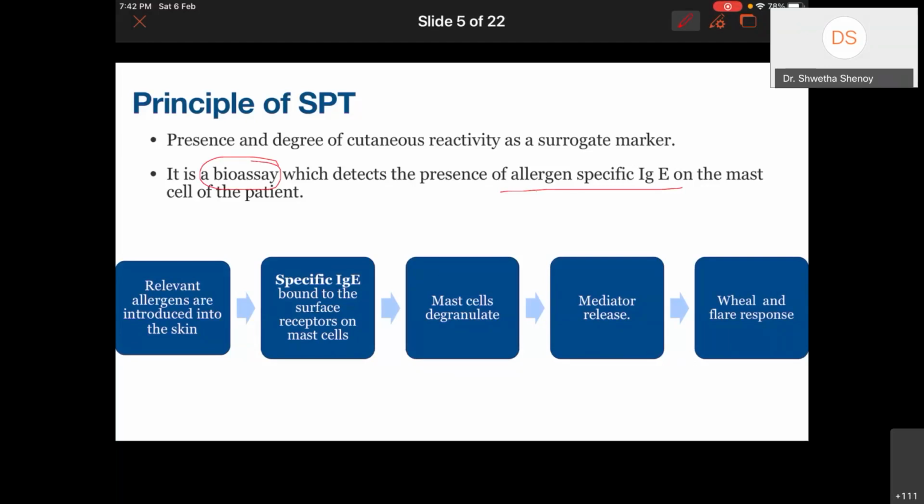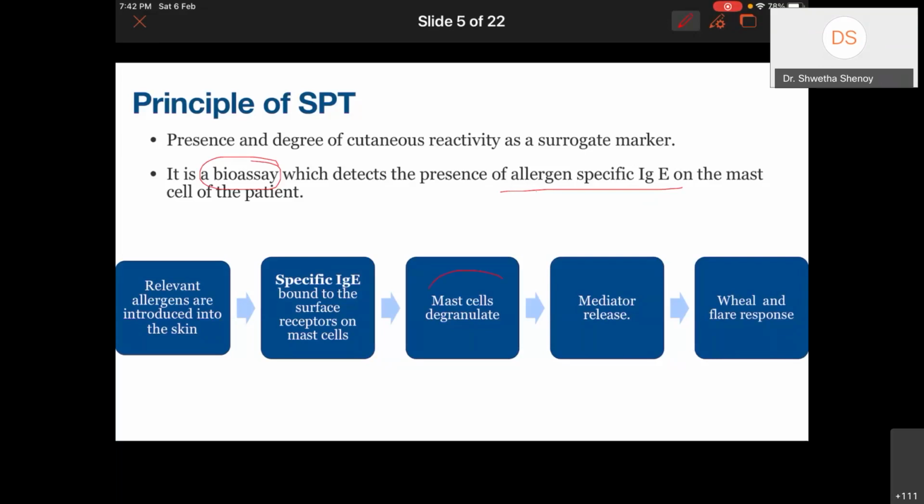So what is done is the relevant allergens are introduced into the skin. Now, just below the skin, there are specific IgEs waiting. It catches hold of the allergen we have introduced intentionally on the skin.